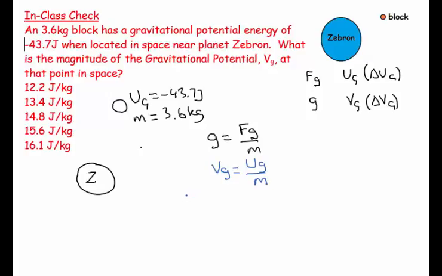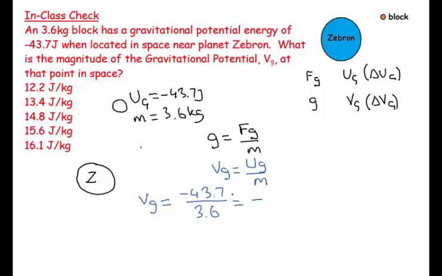So my Vg, my gravitational potential, is equal to my gravitational potential energy over my mass, which would be 3.6.